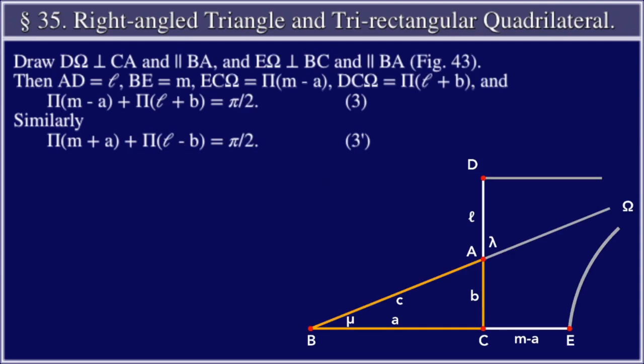Draw Dω perpendicular to CA and parallel to BA, and Eω perpendicular to BC and parallel to BA, figure 43.